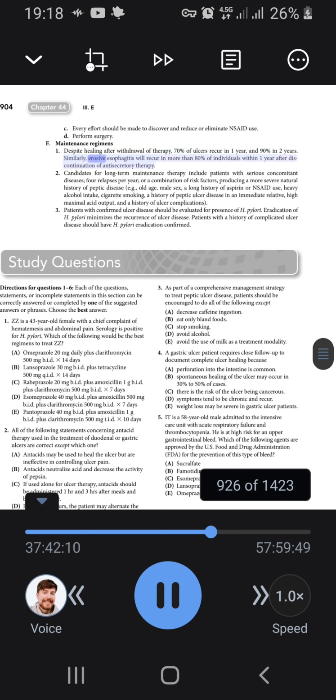Similarly, erosive esophagitis will recur in more than 80% of individuals within 1 year after discontinuation of anti-secretory therapy. 2.